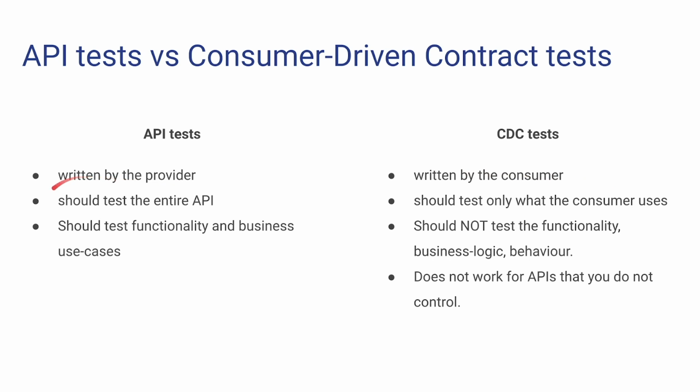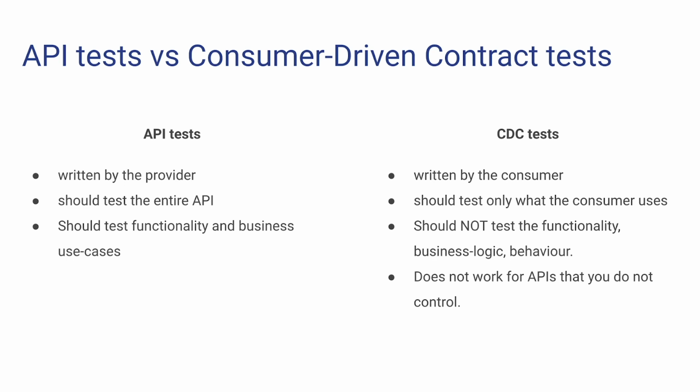Now, the API test will test the entire API, all the endpoints, everything that is to be tested, while the consumer-driven contract test will only test what the consumer actually uses. As in the example with the properties, if I'm only using first name and last name, I will only test if first name and last name exist. And I actually do not care if anything else is there or not.